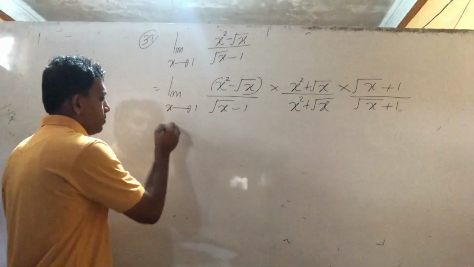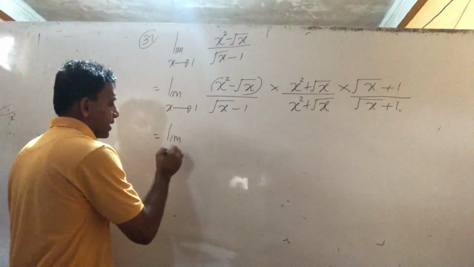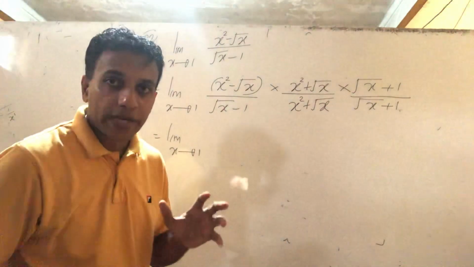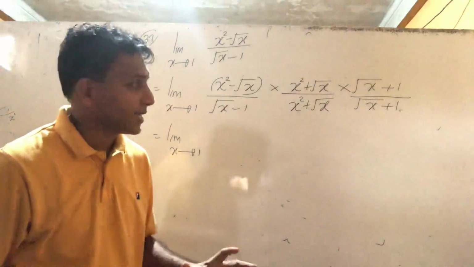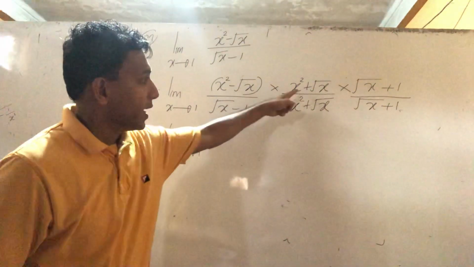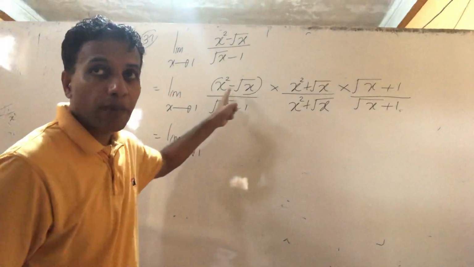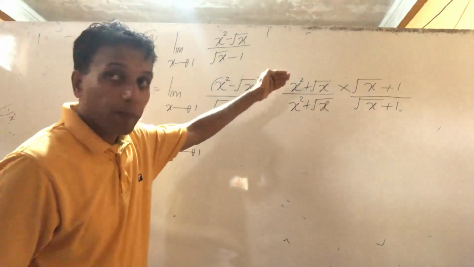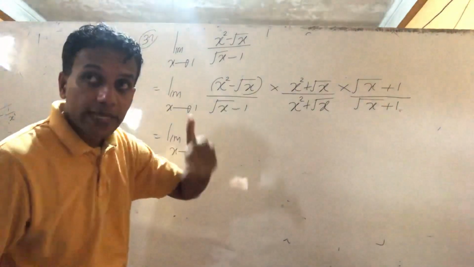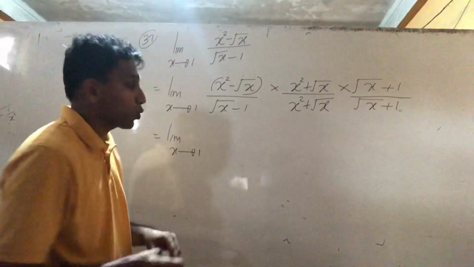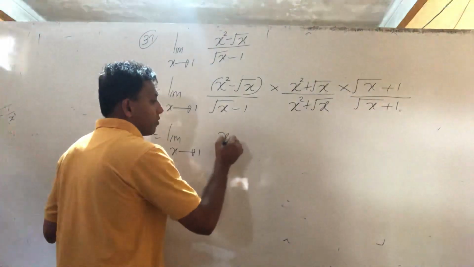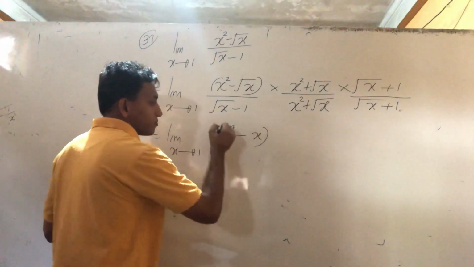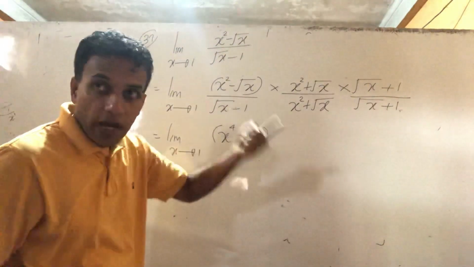Then what happened? Wherever you multiply by conjugates, it becomes a factorization. See this pattern, a minus b, a plus b: x square minus root x, x square plus root x. So what is the answer? a square minus b square, that is x to the power 4 minus x. Square root x square is x.